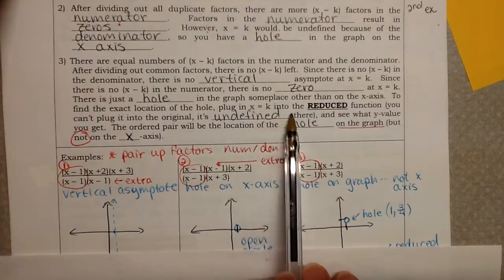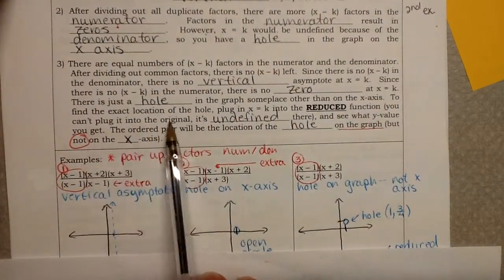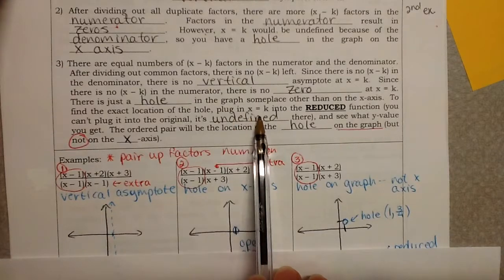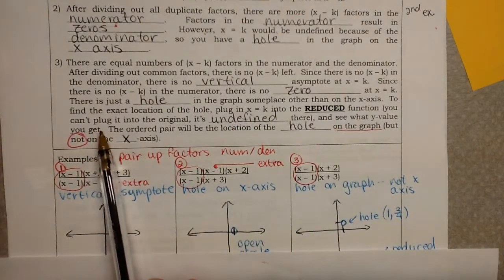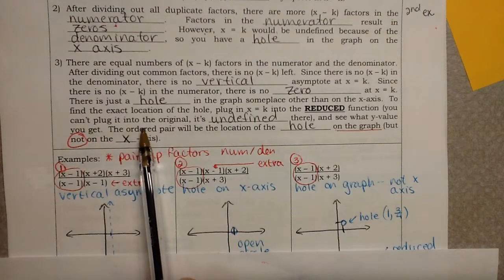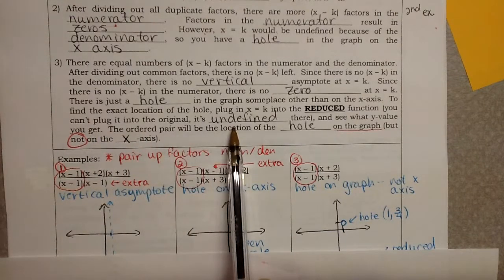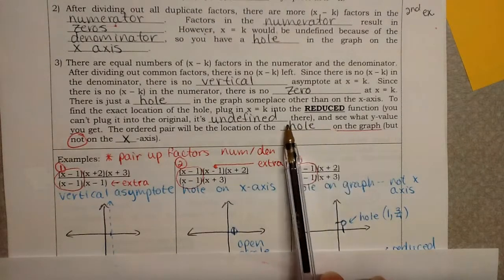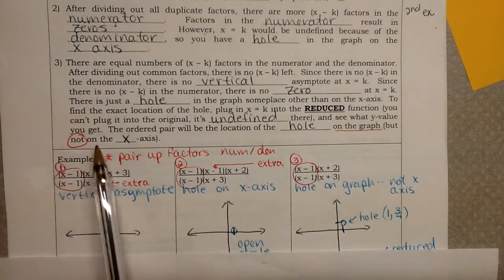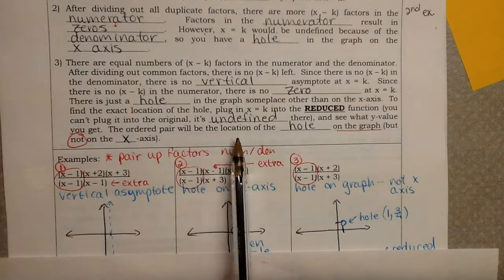To find the exact location of the hole, you plug x equals k into the reduced function. The reason you plug it into the reduced function is that it's undefined in the original function. You see the y value that you get, and the ordered pair will be the location of the hole on the graph, but not on the x-axis.